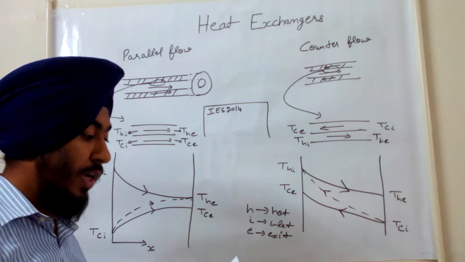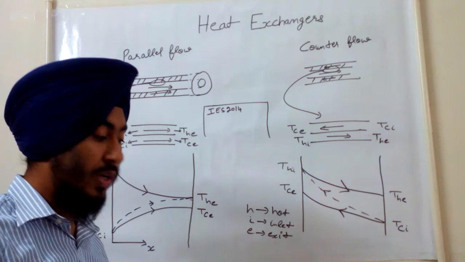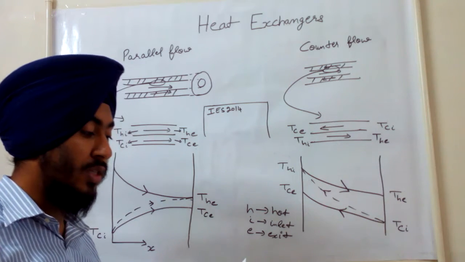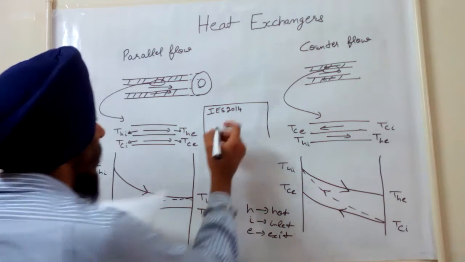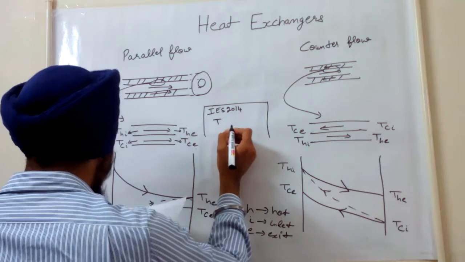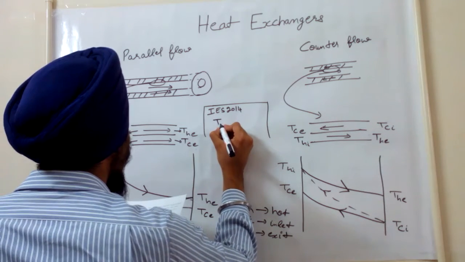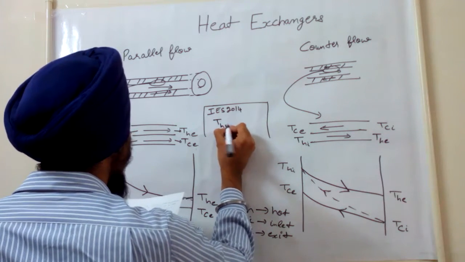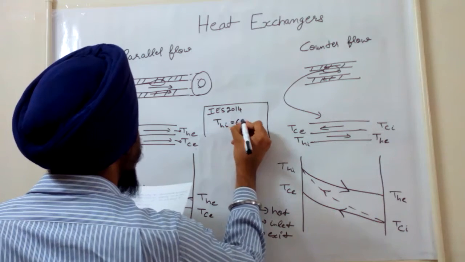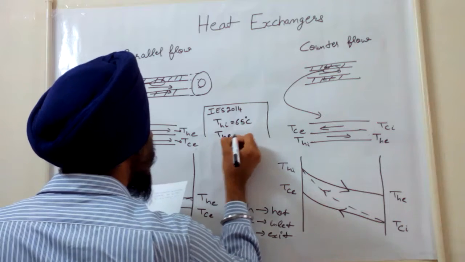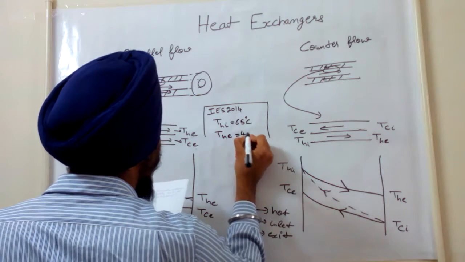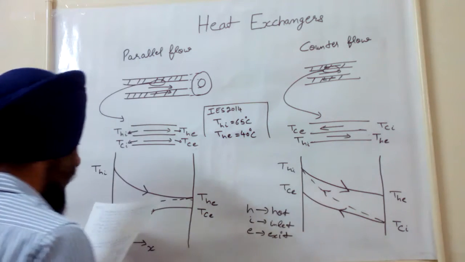In a two fluid heat exchanger, the inlet and outlet temperatures of the hot fluid are 65 and 40 degrees Celsius respectively. That is, T hot inlet is 65 degrees Celsius. T hot exit is 40 degrees Celsius.